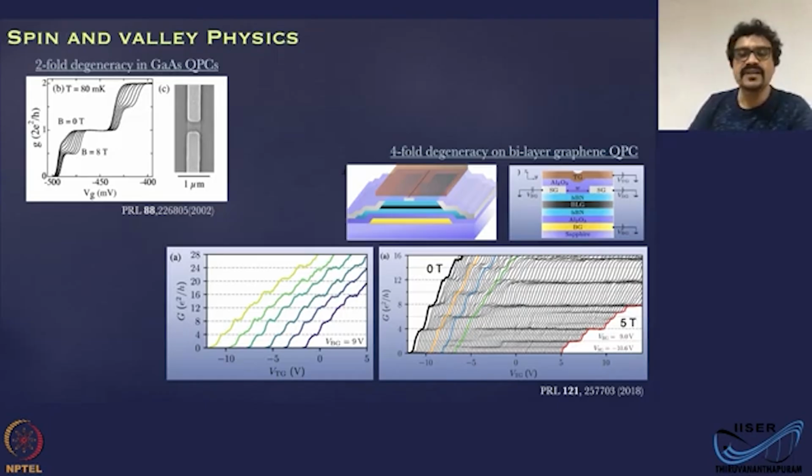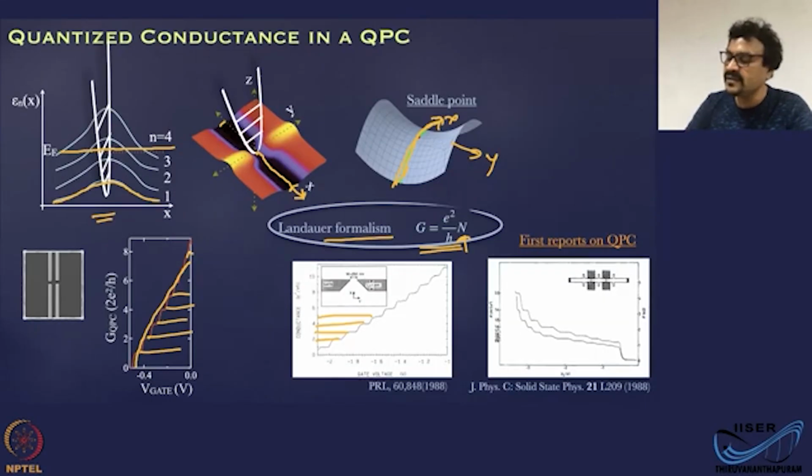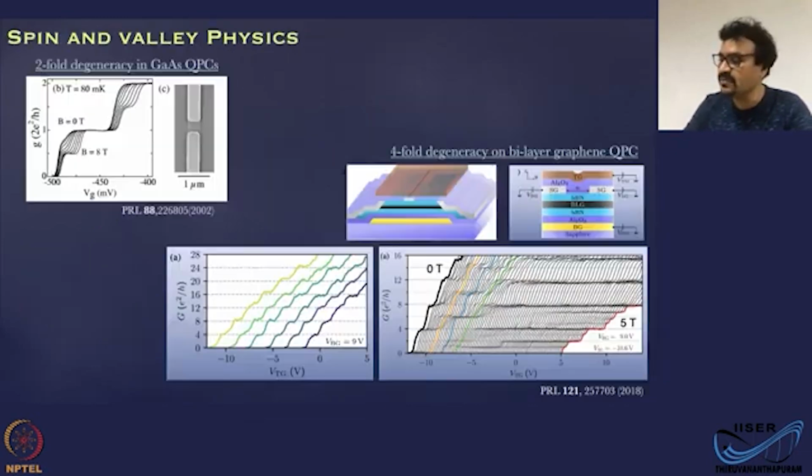So every channel, every reflectionless one-dimensional ballistic channel, is giving you e square by h for conduction. That is the conductance of the channel, and that is given by Landauer formalism, which we will discuss in detail. Okay, so that is the take-home message from these 2 slides.